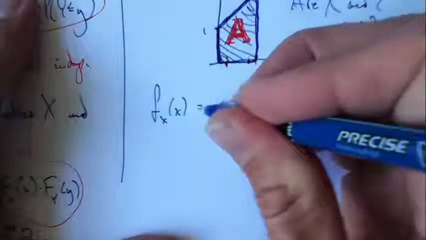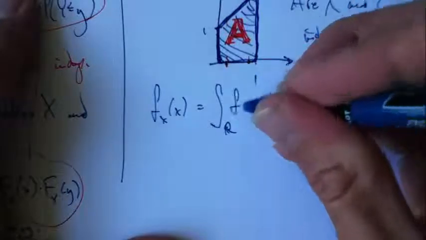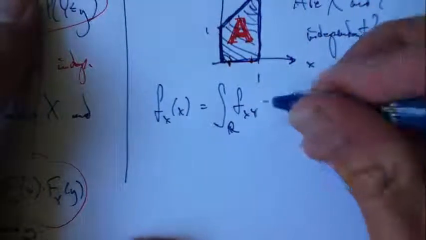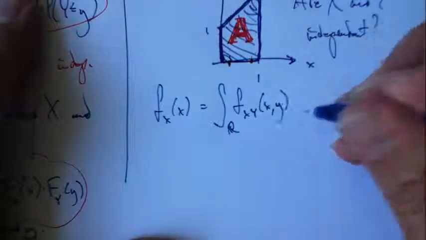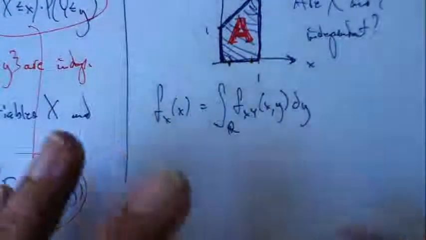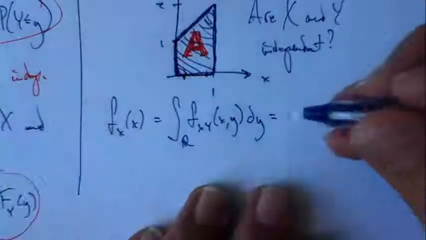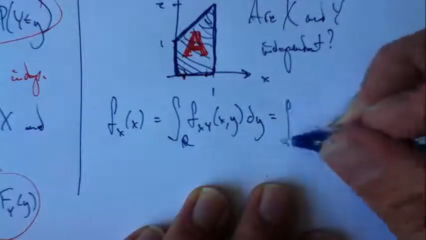All right, so let's get the marginal density function for x. I know that this is just the integral over the reals of the joint density function for x and y, dy, right? Basically integrating out the y stuff, if that terminology even makes any sense.